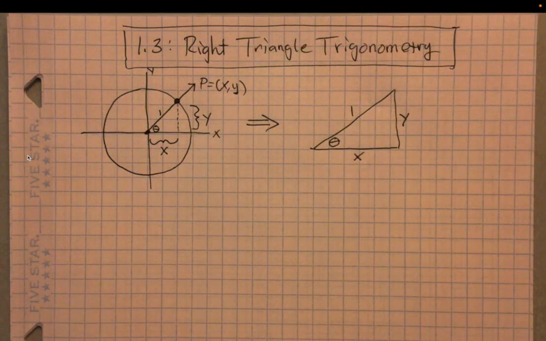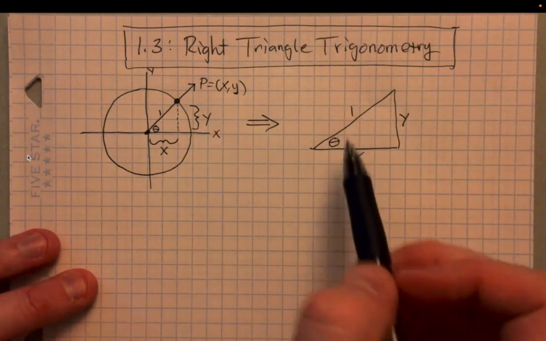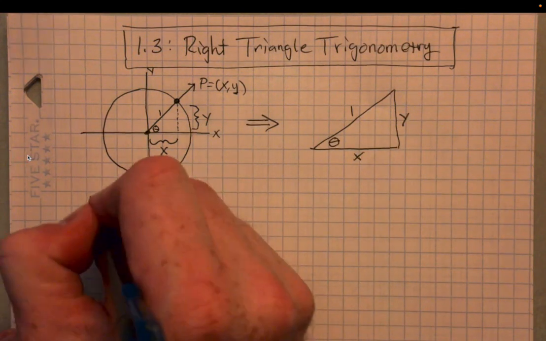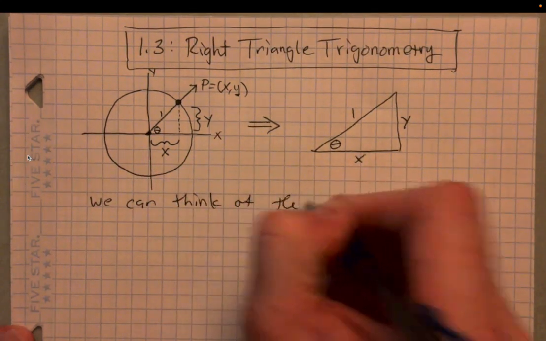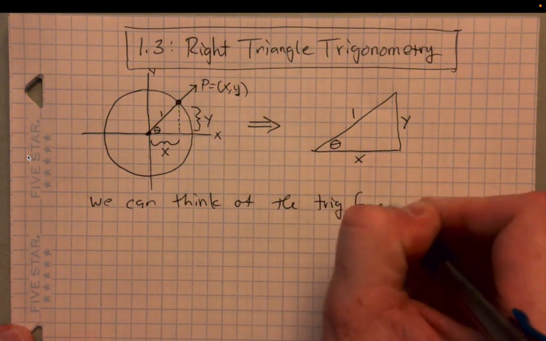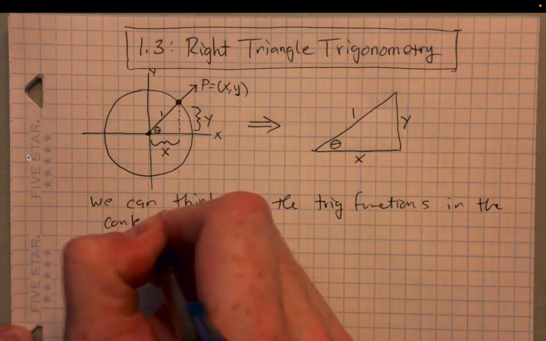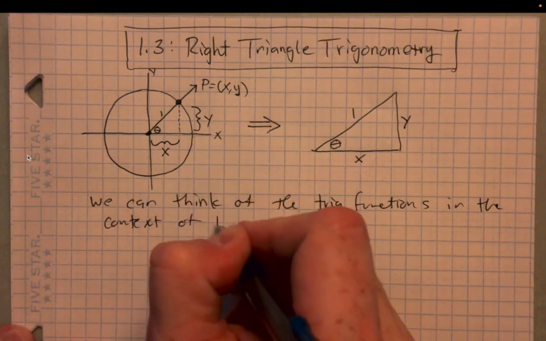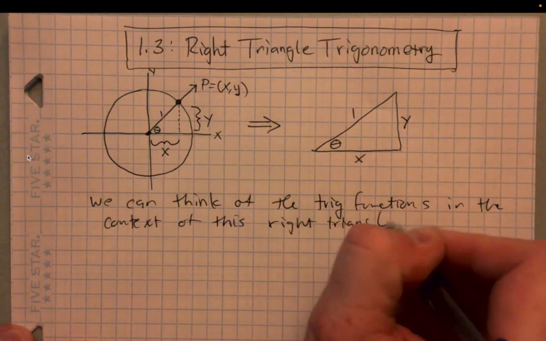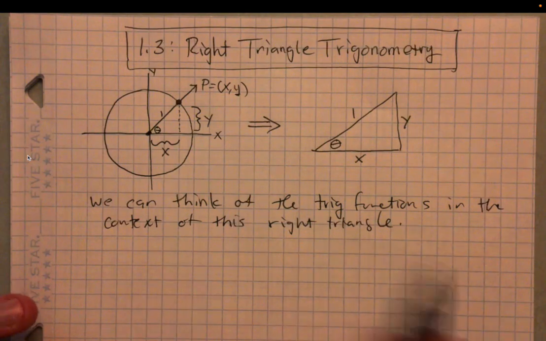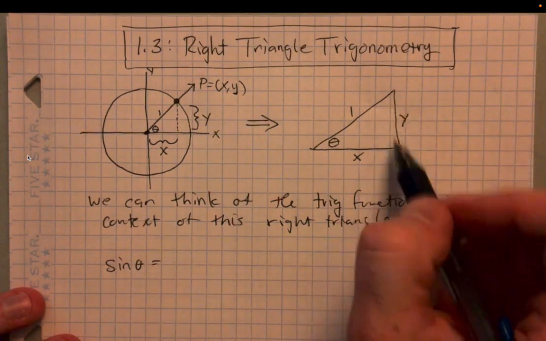We can think of the trig functions in the context of this right triangle. That being the case, we would say that the sine of theta, remember, is equal to y.